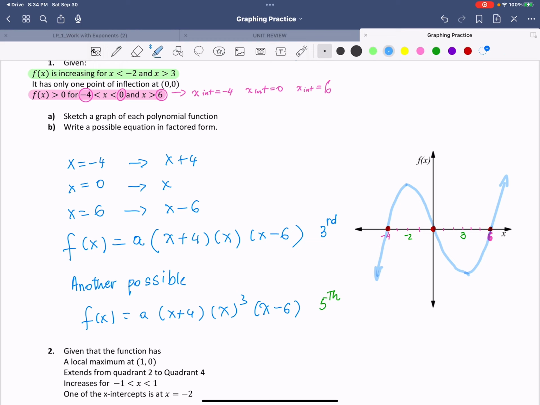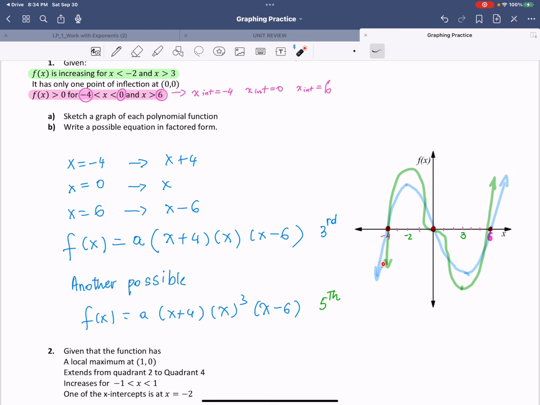And you know what? I'm going to draw these graphs just in case anyone is confused about it. So another possible graph can be this, right here. Okay, so the end behaviors are specifically described in here, so we know that there is no other way that we can actually direct the function at the ends.